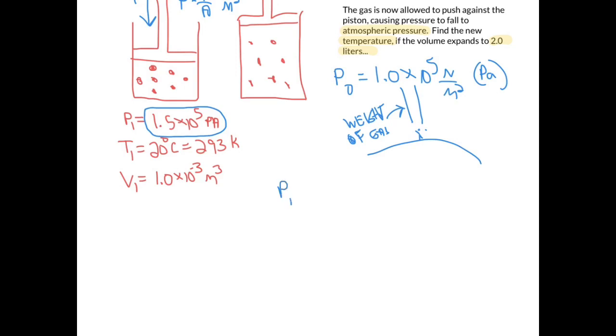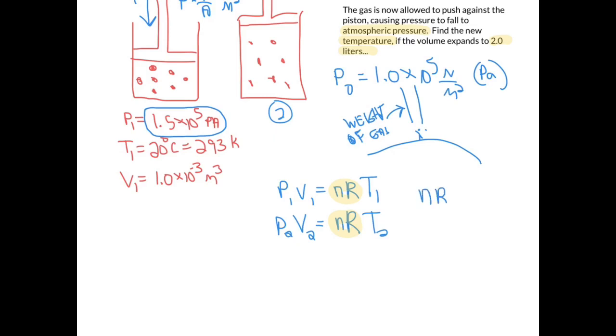Okay, so solving this problem, we first want to say P1V1 equals nRT1, applying PV equals nRT to case 1. Case 2 is after we've allowed it to expand, and then we would say P2V2 equals nR times T2. The n and the R are the same because we didn't allow any of the gas to escape, and R is just a constant anyway.